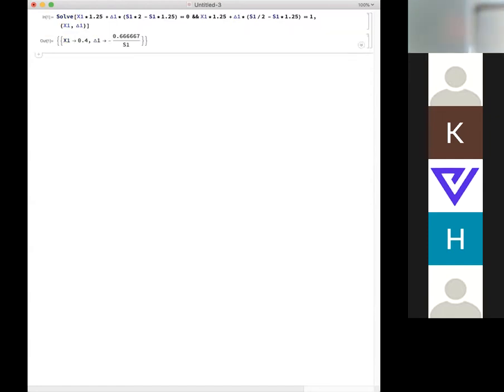Here's what comes out. So I haven't plugged in what S1 is. S1 in the upstate was 8. Put 8 here.